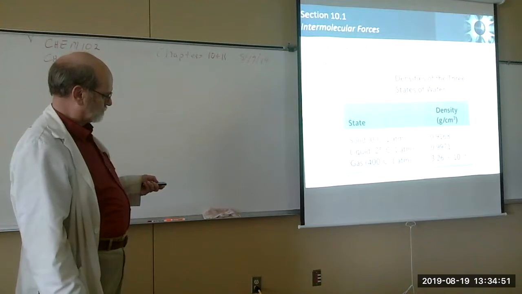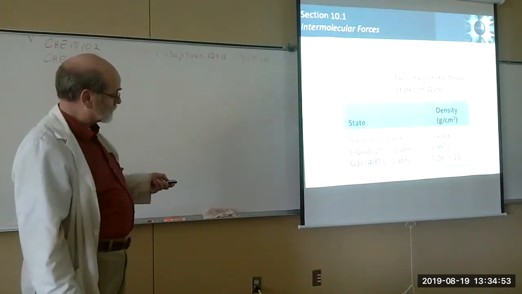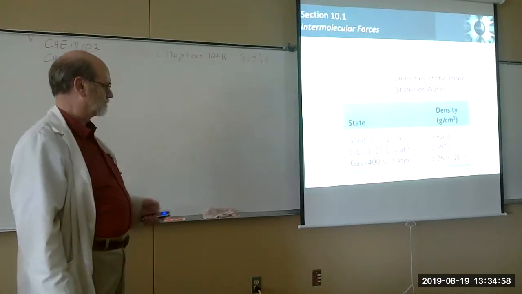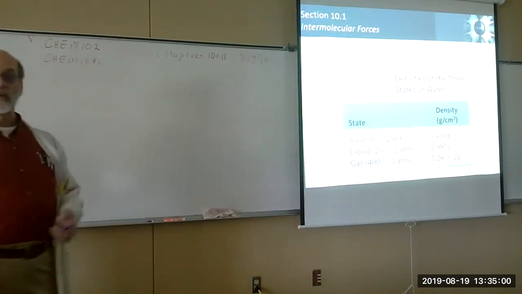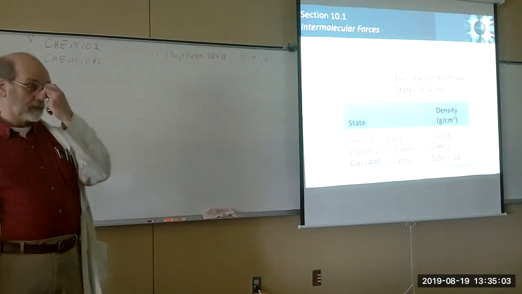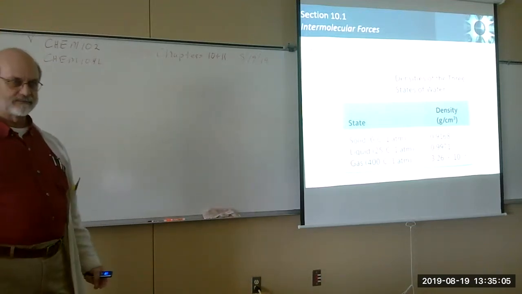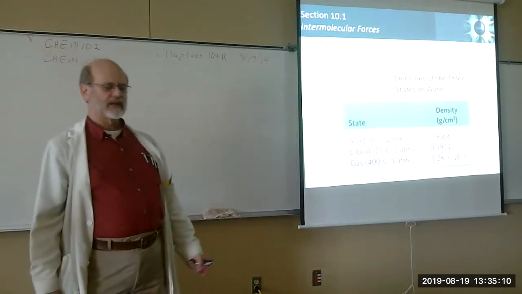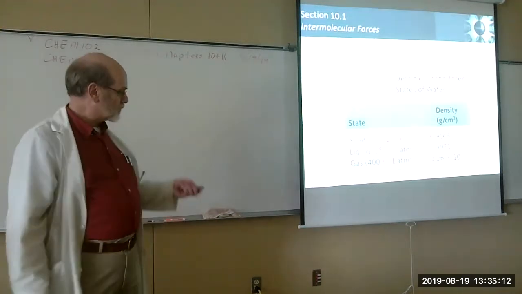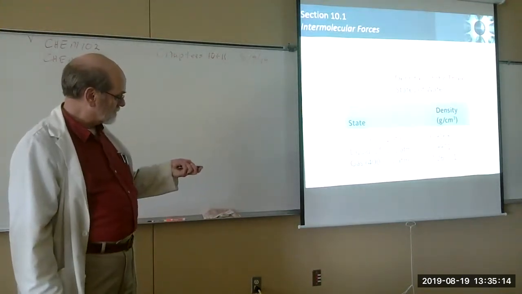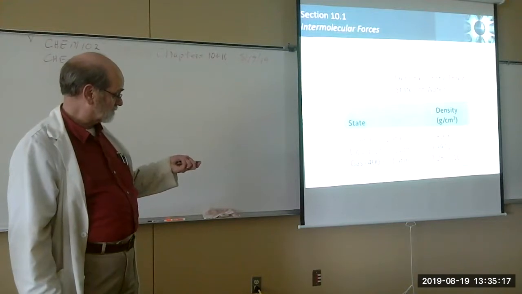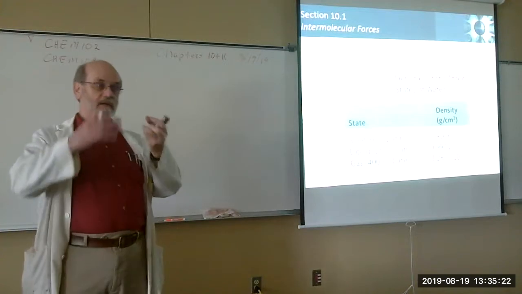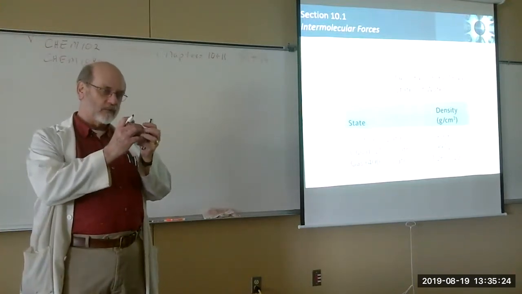Right? Notice that the solid, or ice, is less dense than the liquid. Maximum density for water. When does that occur? 4 degrees centigrade. So as you go from gas to liquid at 100 degrees, you shrink from this density to something akin to that, a little less dense. And it continues to increase density of the liquid water until 4 degrees.